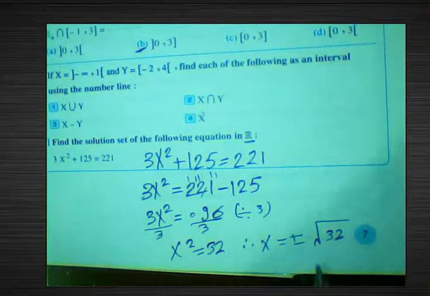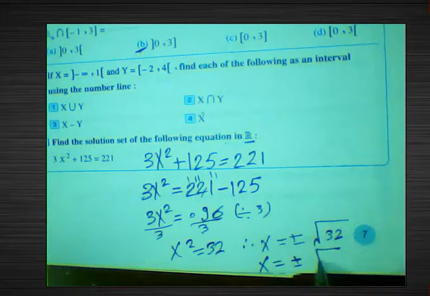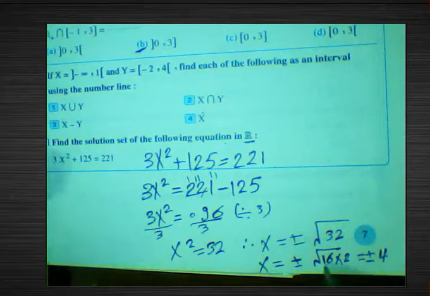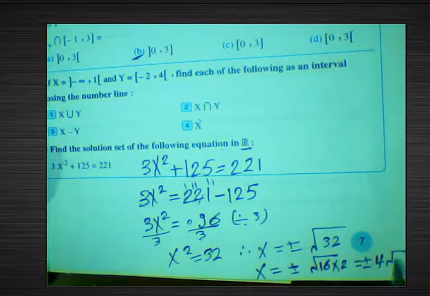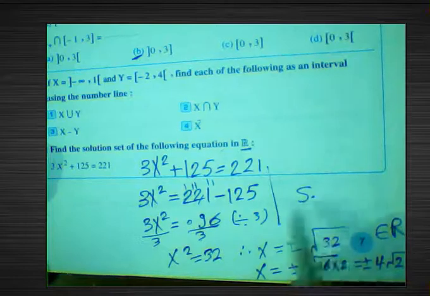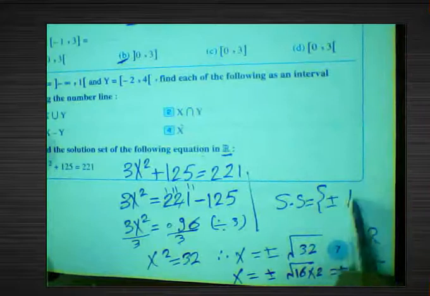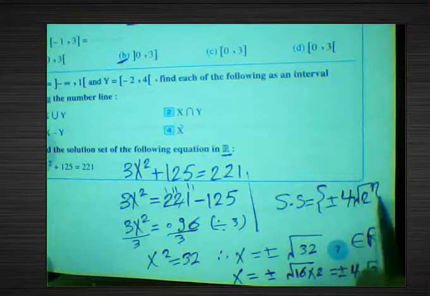We know square root of 32 equals 16 multiplied by 2. So we can write 4 outside the square root, because square root of 16 equals 4, and we write 2 here. It's in real numbers, so the solution set will be positive or negative 4 square root of 2.